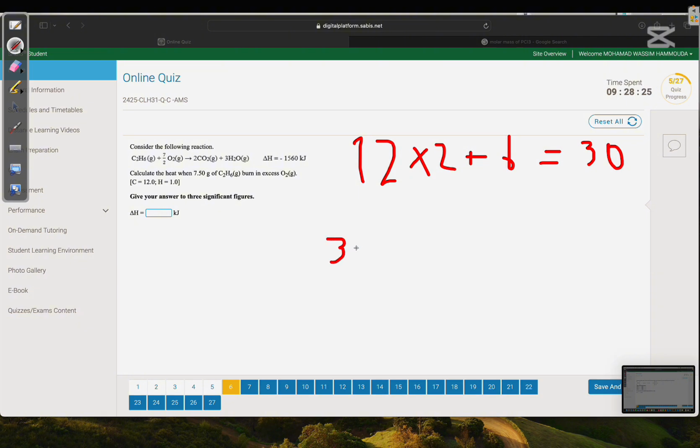So 30 to negative 1560, but I'm just going to keep it positive, so I'll just put negative. And 7.5 to x.